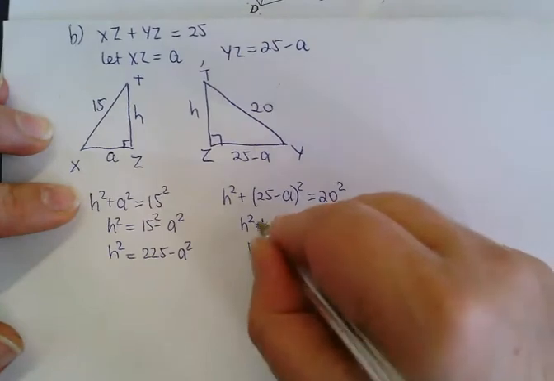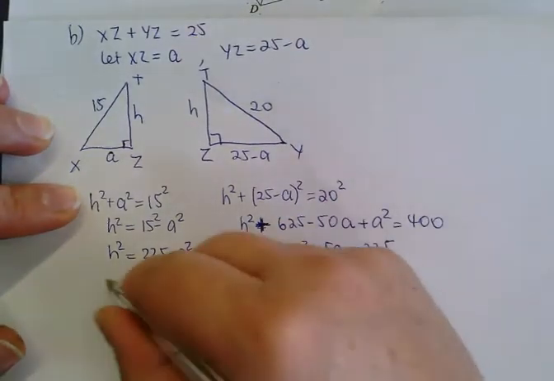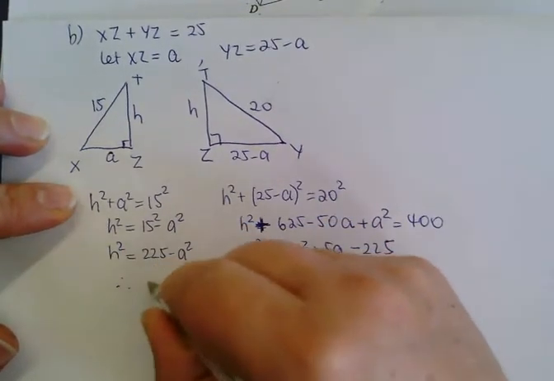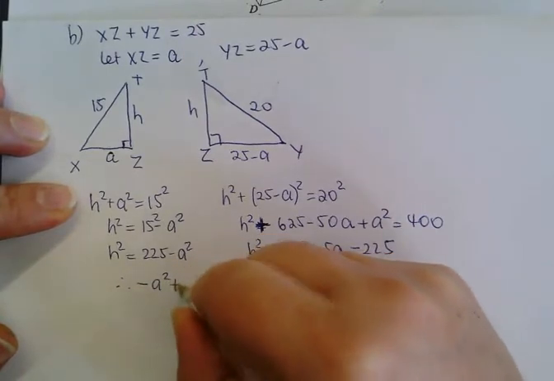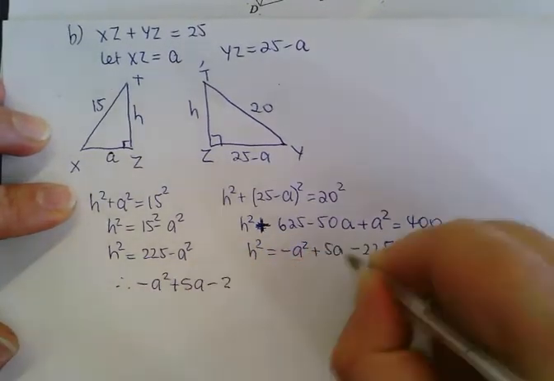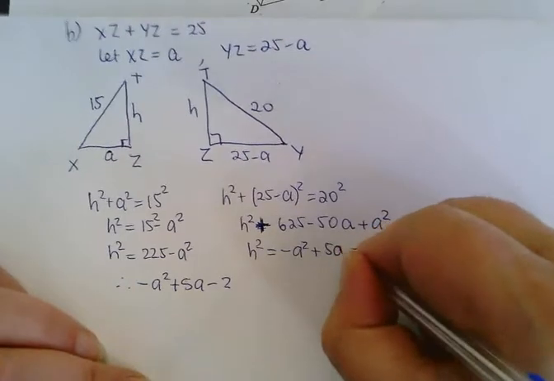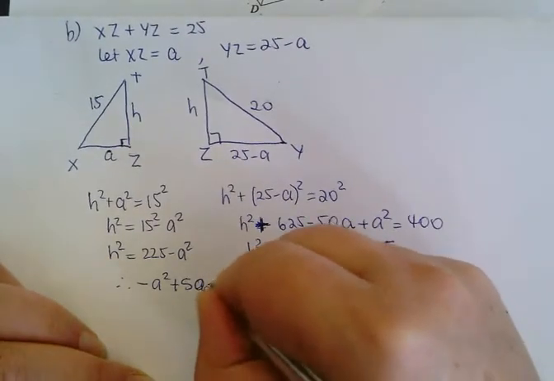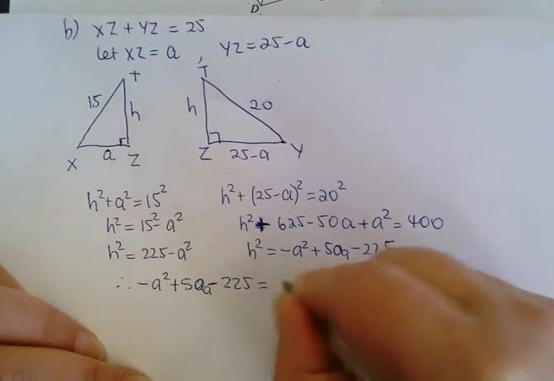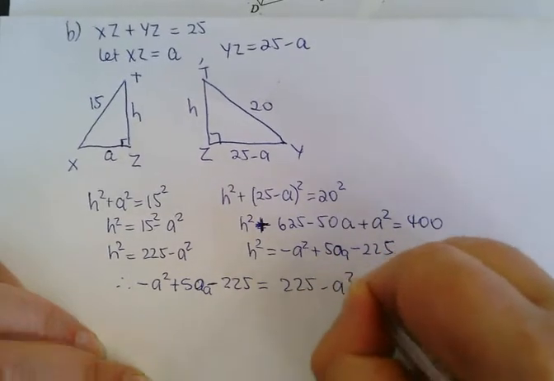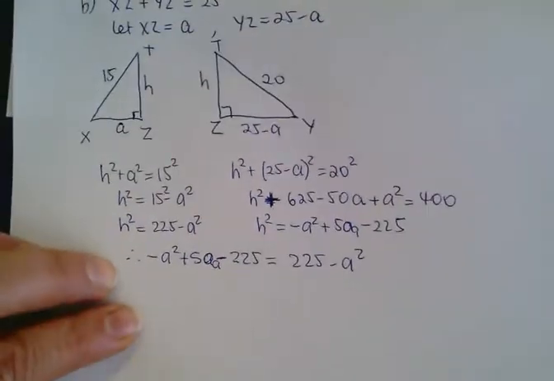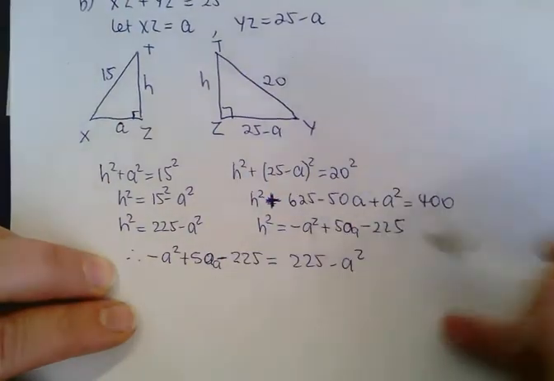So, I think my maths is correct. So solving simultaneously, negative A squared plus 50A minus 225 equals 225 minus A squared. Probably should have done it the other way around. Doesn't matter.